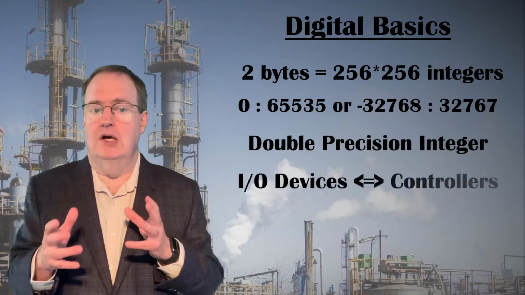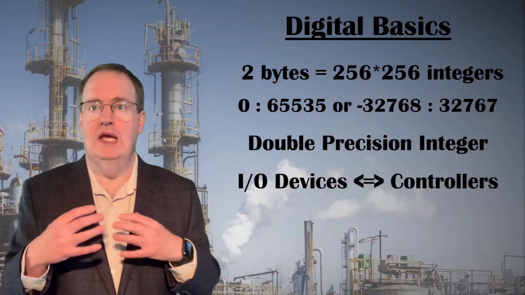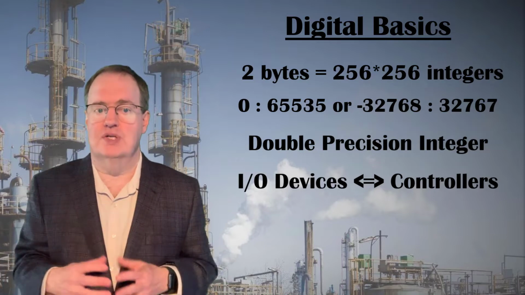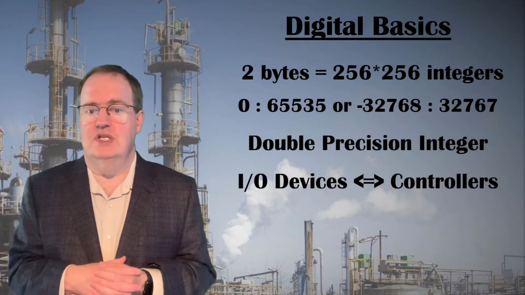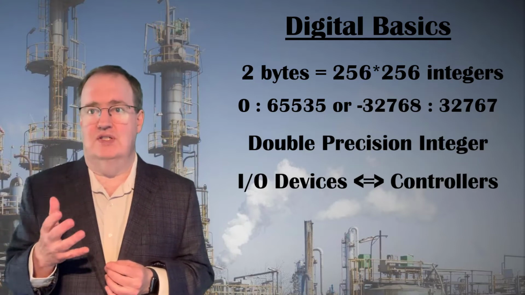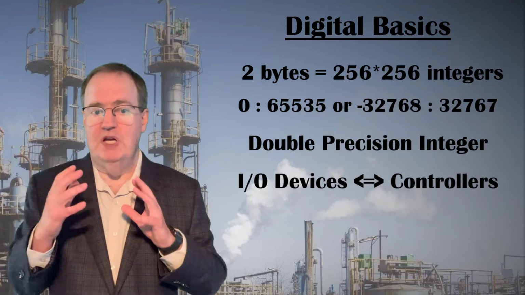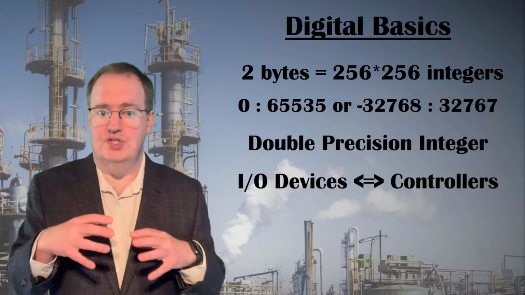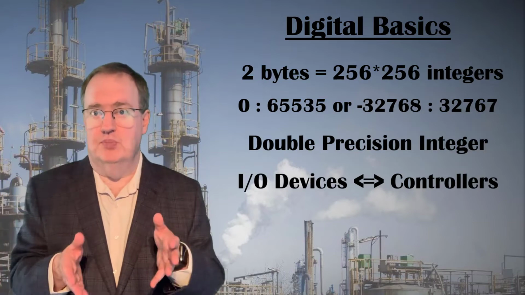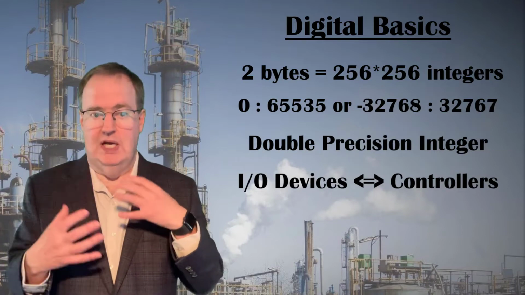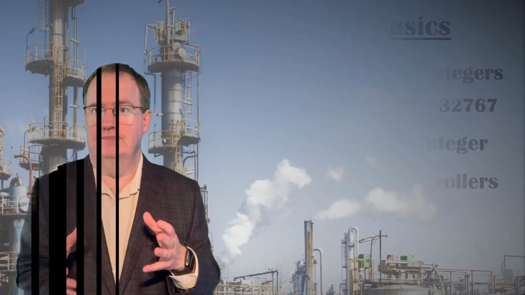Most of our input-output devices that we receive and send data to and from will communicate using double precision integers because that gives us 4 significant digits of precision, which is as much as any of our sensors or devices can use. While high-speed communication to I/O devices uses these integers, a controller will also use real number variables, strings, and binary variables internally. See the text for more detail.